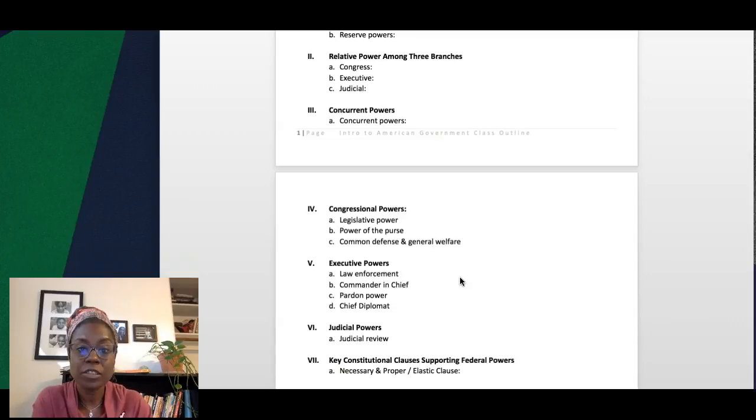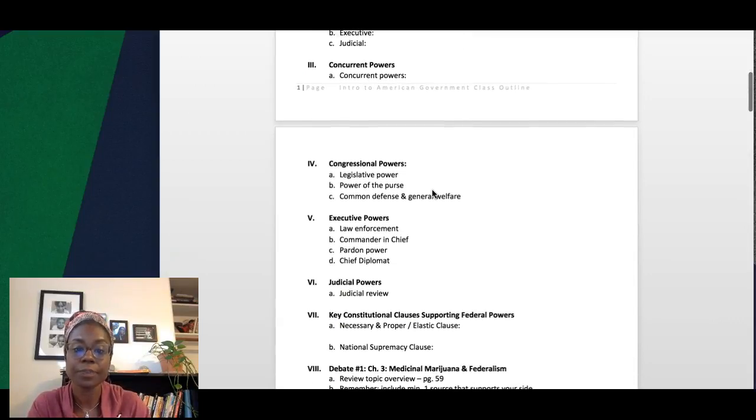The executive branch is covered in Article 2 of the Constitution, and the judicial branch is covered in Article 3. Relative to one another, Congress has the most constitutional power. The executive branch has a moderate level of power, and the judicial branch is considered as having the least amount of power. But we'll talk about the specific powers they have in more detail in a second.